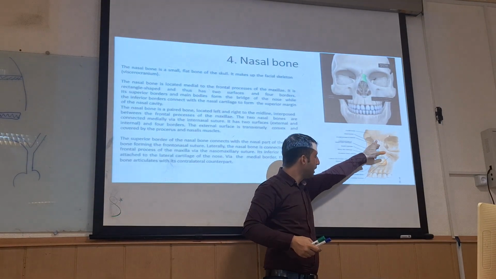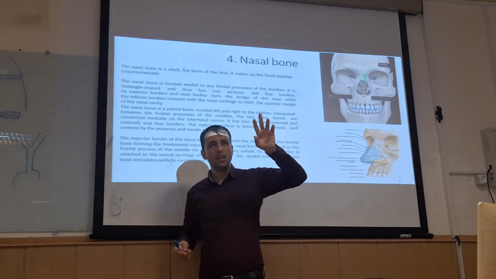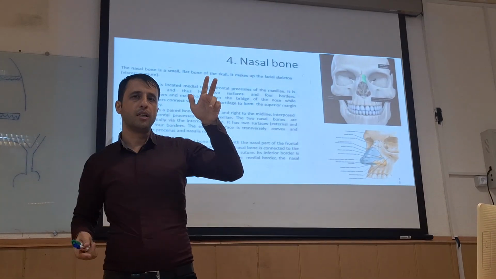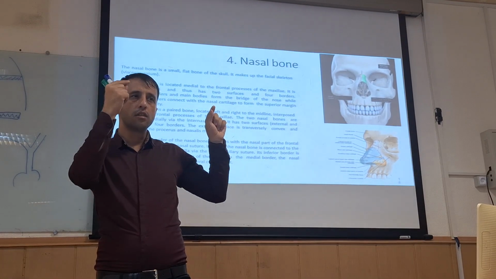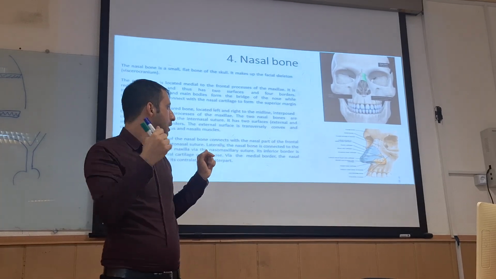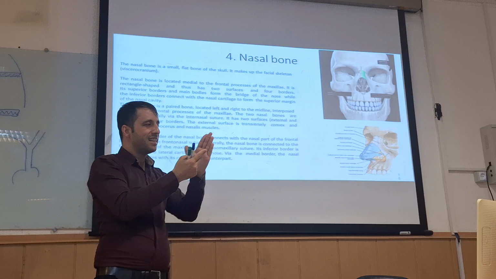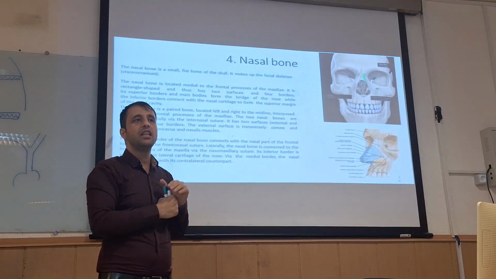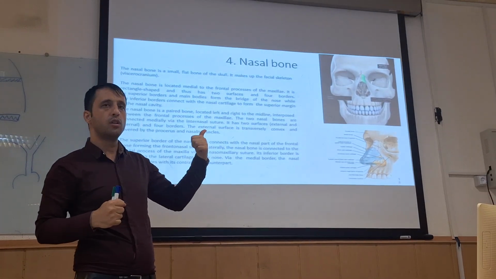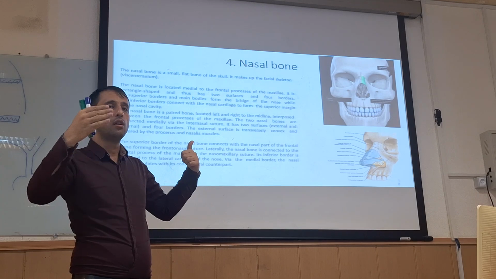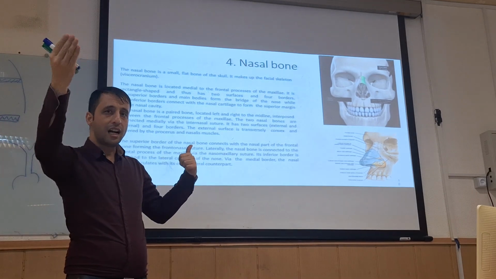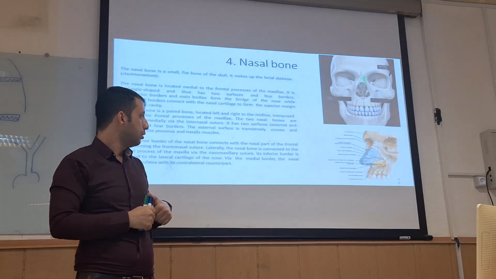When you see the external surface, maybe you see one or two foramens. If you look at the internal surface, you can see a vertical groove in the nasal bone, where the external nasal nerve travels. Okay?